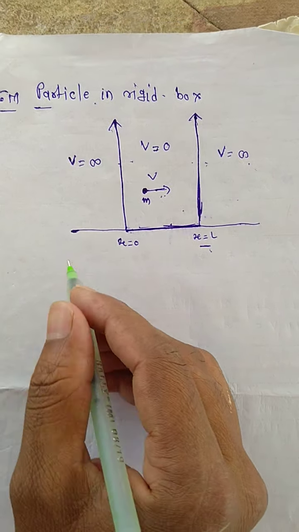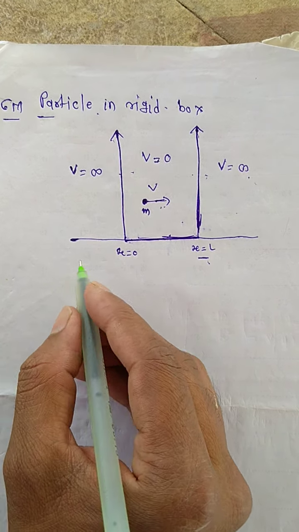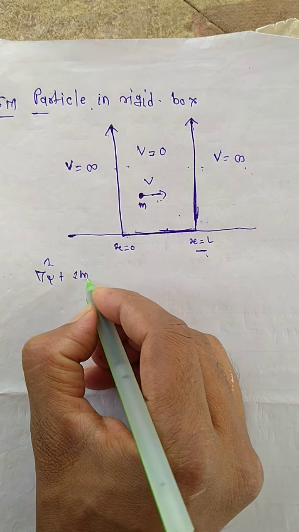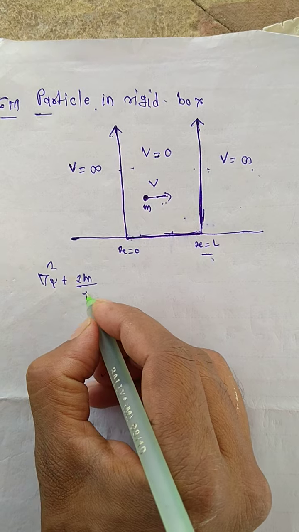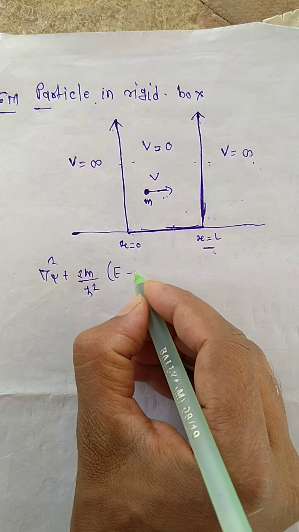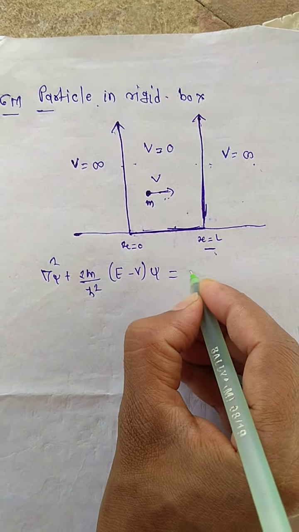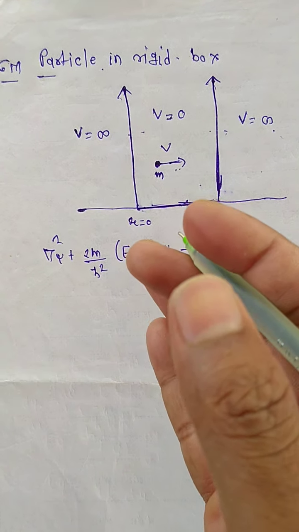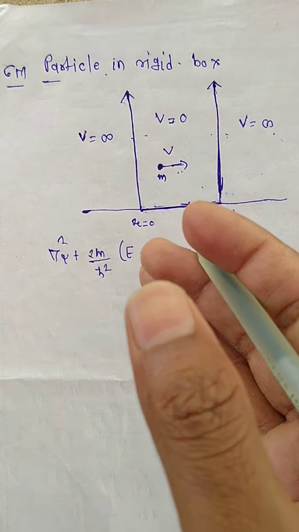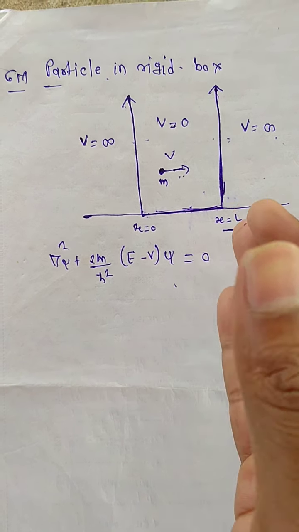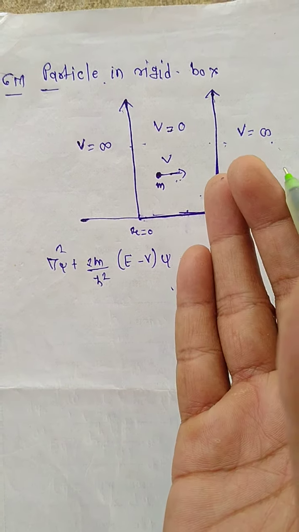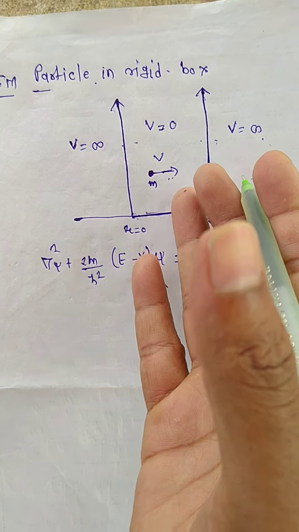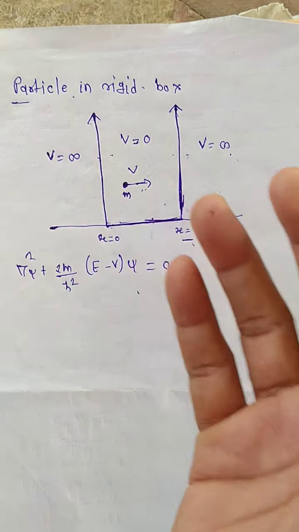Now let us start with the Schrodinger time independent wave equation: del square psi plus 2m upon h cross square (E minus V) psi is equal to 0. From this equation we have to find the wave function or energy of the particle in this rigid box.